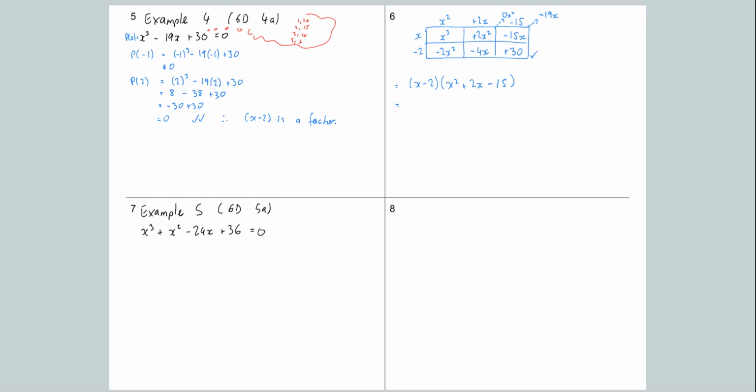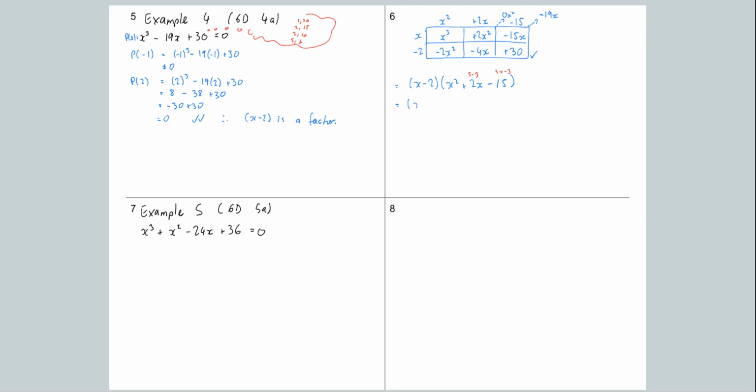We could even use this method again if we really wanted to, but I'm going to do it by inspection, I think. So I need to find two numbers that will multiply together to give me minus 15, that will add together to give me positive 2. So I can see that that would be positive 5 multiplied by negative 3. 5 threes are 15, and 5 minus 3 is positive 2. So that's just by inspection.